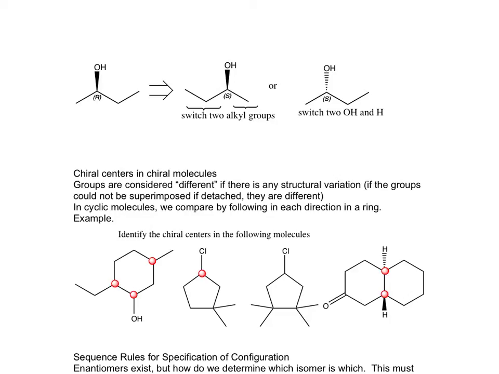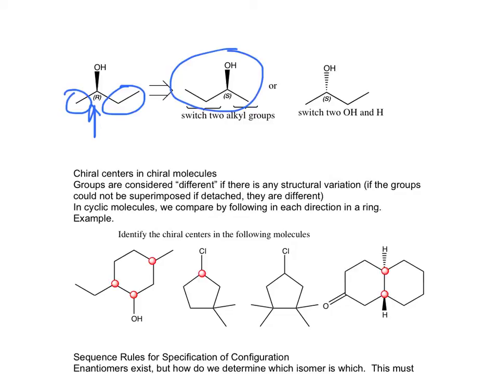When you need to draw the different enantiomers, what you can do is switch 2 of the groups. So here I've shown you 2 examples. We have a methyl and an ethyl coming off of this chiral carbon here. And if we switch these 2 groups, we can make the enantiomer.